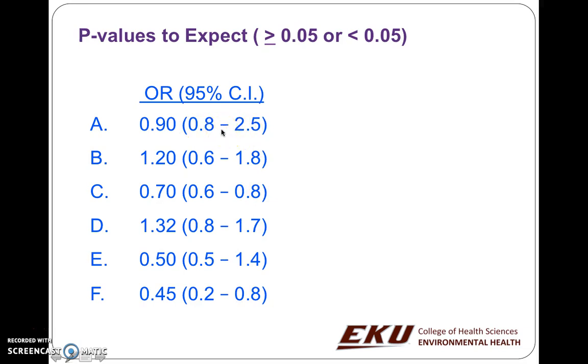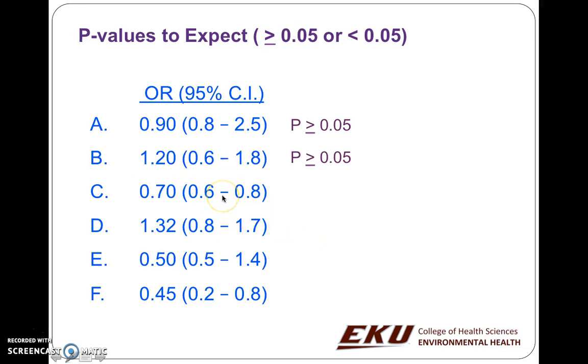So if we said it was, there would be a greater than 5% chance of error. So we would say it's not statistically significant, and the p-value would be greater than 0.05. Letter B, the p-value for this, it's not significant, so it would be greater than or equal to 0.05.